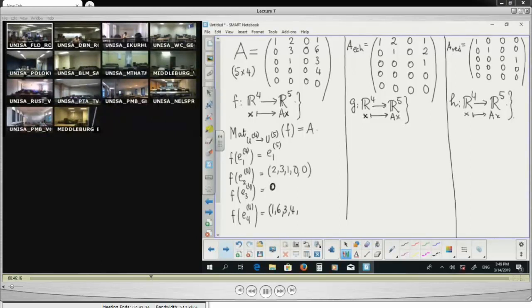Excuse me, sir. For E1, why are you writing E1 subscript 5? Superscript. Yeah. Remember, E15 is the first basis vector in the standard basis of R5.